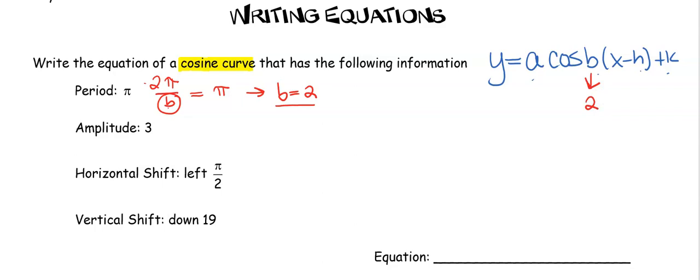The amplitude is 3. Well, I don't have to do anything. A equals 3. My amplitude is 3. The horizontal shift. Now here we are going left pi over 2.